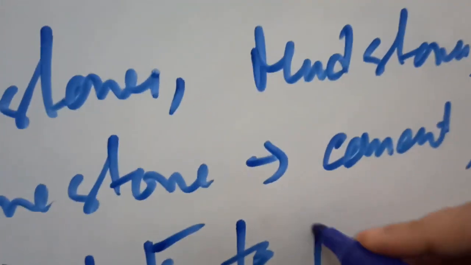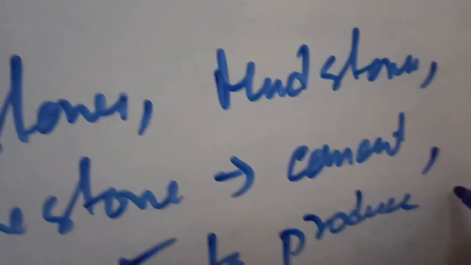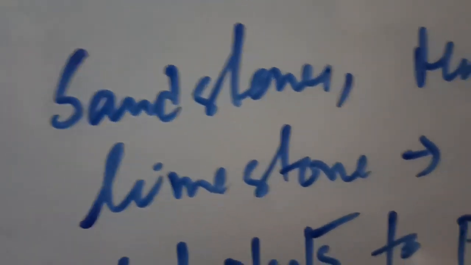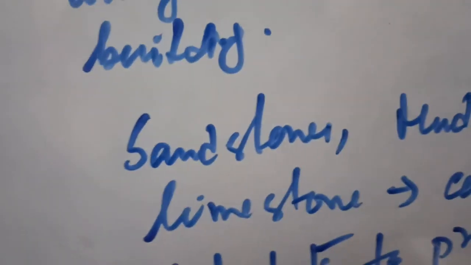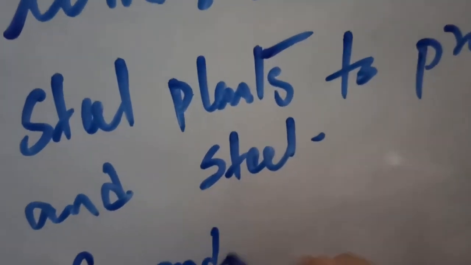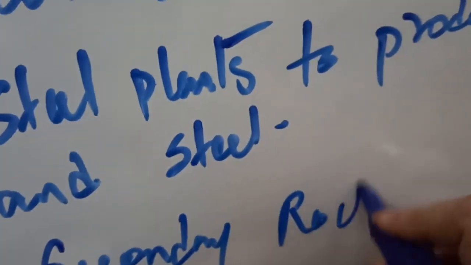It is also used in the steel plants to produce iron and steel. So another name for the sedimentary rock is actually the secondary rock.